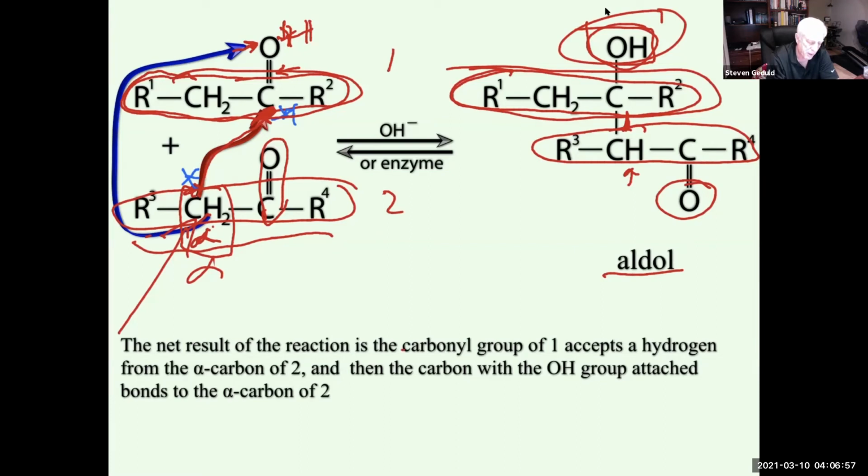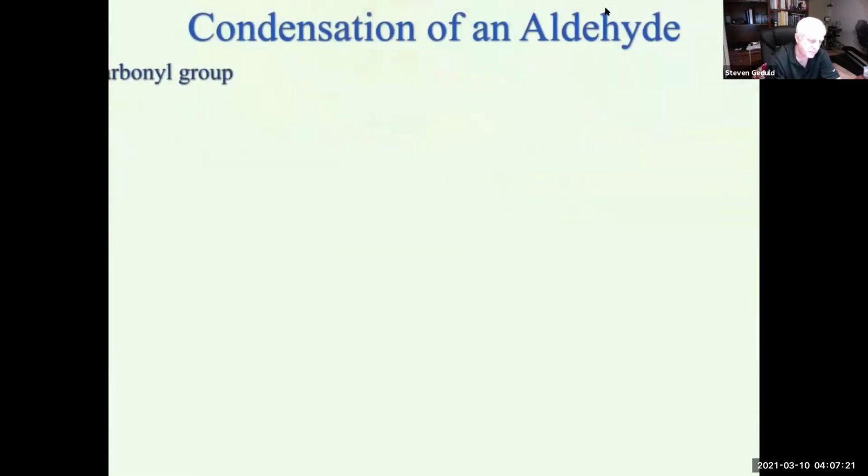That's where this carbon went up and attached to the carbonyl group to give you this OH group on top. Then the carbon with the OH group bonds to the alpha carbon of number 2. So where it lost its hydrogen, it bonds to the carbonyl carbon. All right, so let's do one.